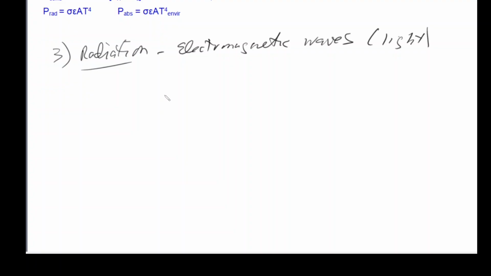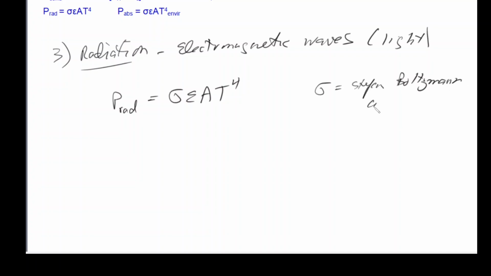Now, we can measure the rate of transfer of energy, in this case, the rate of radiation, and that's equal to sigma epsilon A times T to the fourth, where sigma is equal to the Stefan-Boltzmann constant, which is actually equal to 5.67 times 10 to the minus eighth watts per meter squared per Kelvin to the fourth.